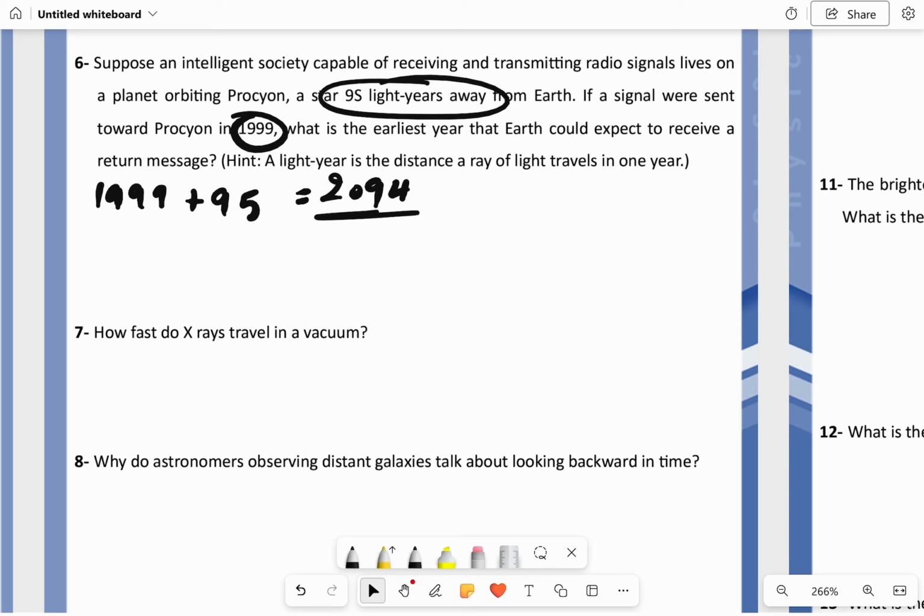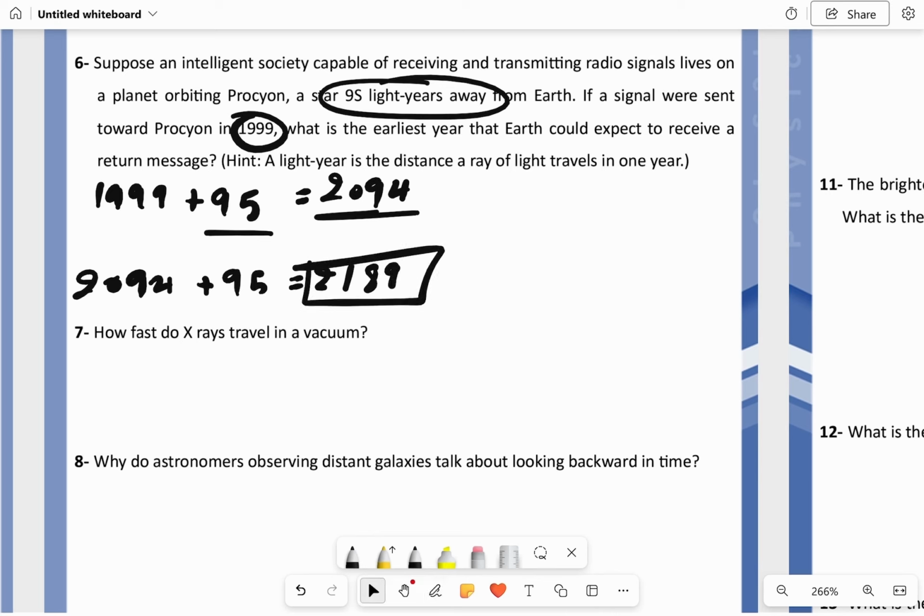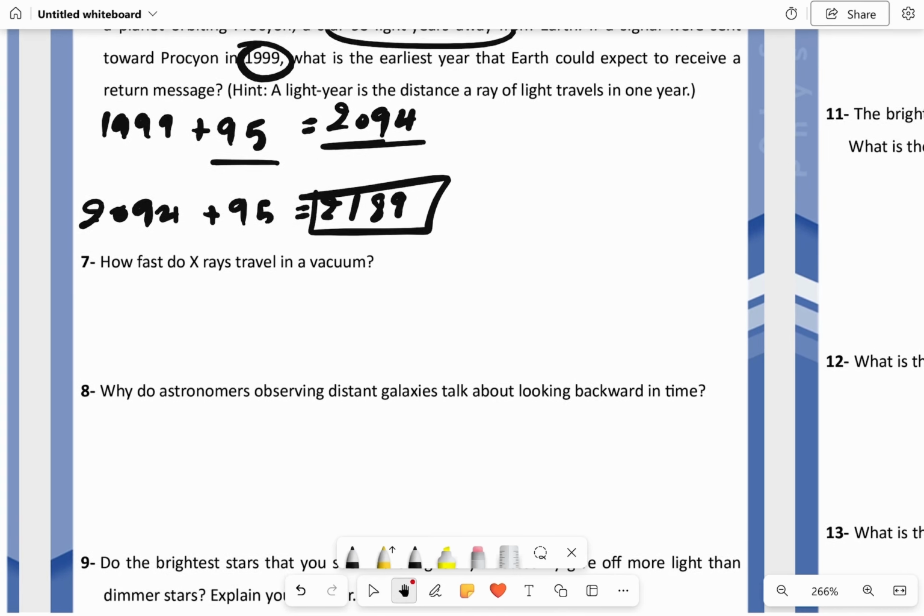When it comes back, it's going to take another 95 years, so 2094 plus 95 is 2189. This is the year in which the signal is going to be returned from the star.